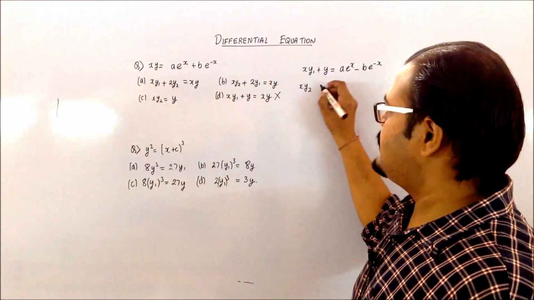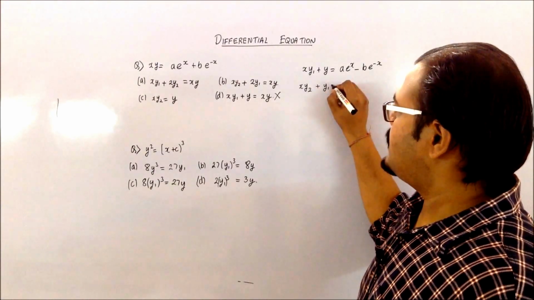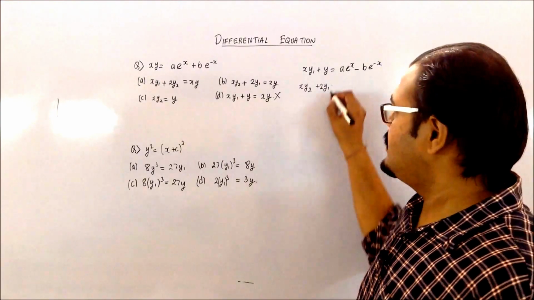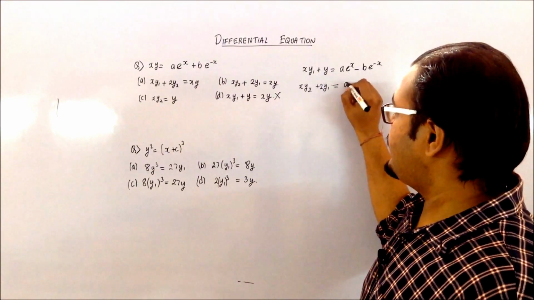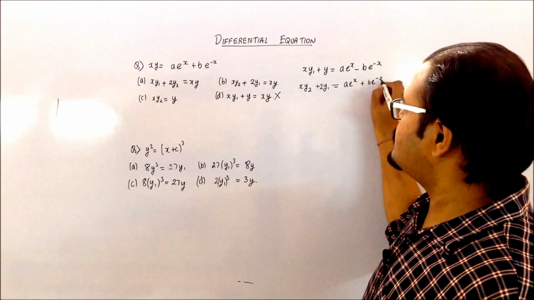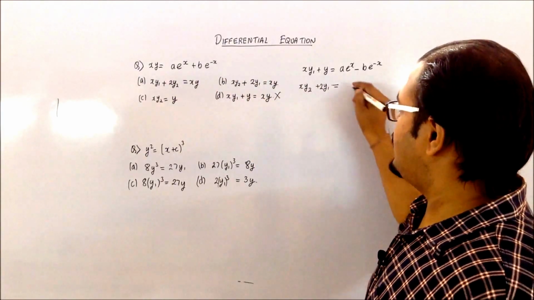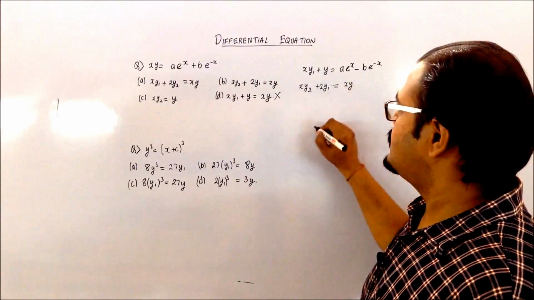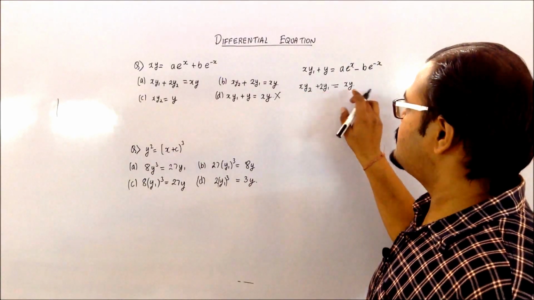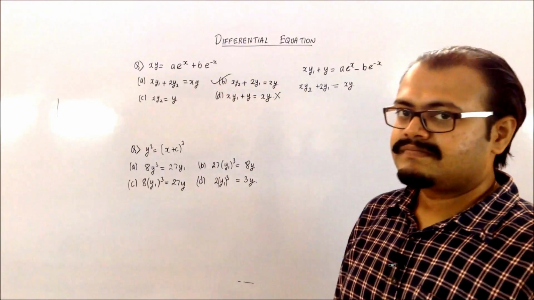So this is my double derivative term plus y1 plus y1, so that becomes 2y1, equal to a e raised to x plus b e raised to minus x. But this you know is the given equation, which is xy. So xy2 plus 2y1 equals xy is your option, which is B.